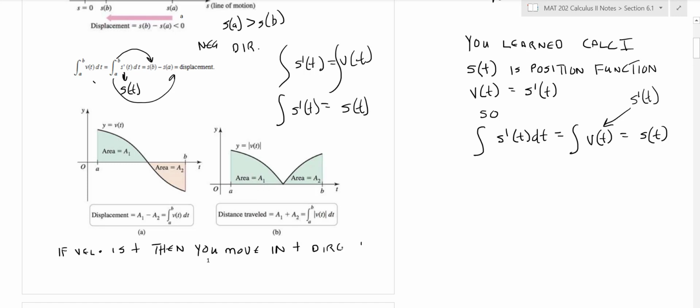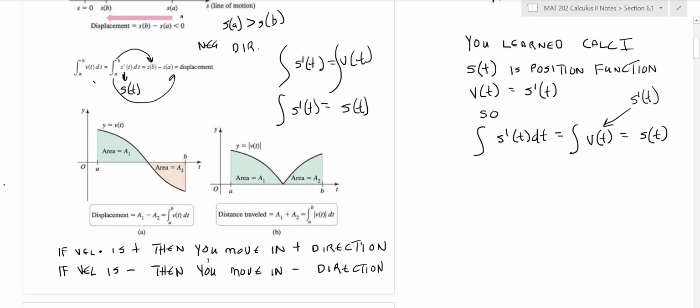I would recommend you write that down and think about that. The opposite of that would be if the velocity is negative, then you are moving in the negative direction.